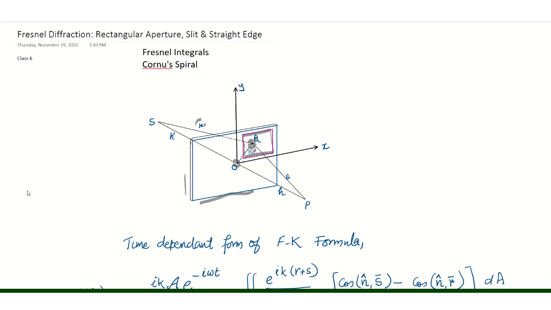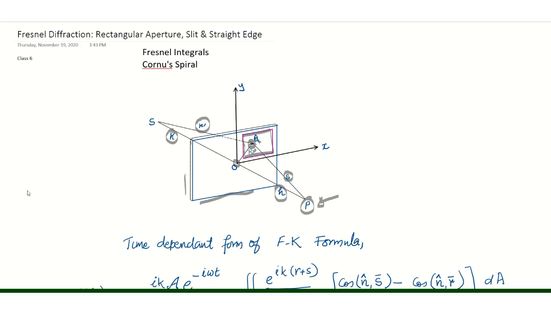Your source is at a distance R prime from Q, and at a straight distance of H prime. Here we have S as the distance from point Q to P, and H the straight distance of the point P from O. As usual, we are interested in computing the field at the point P.